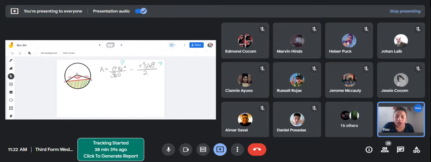All right. So let me show you guys how this is done. We first have to substitute, right? I can see that theta in this question is 120. And what is the radius for this question? 4.